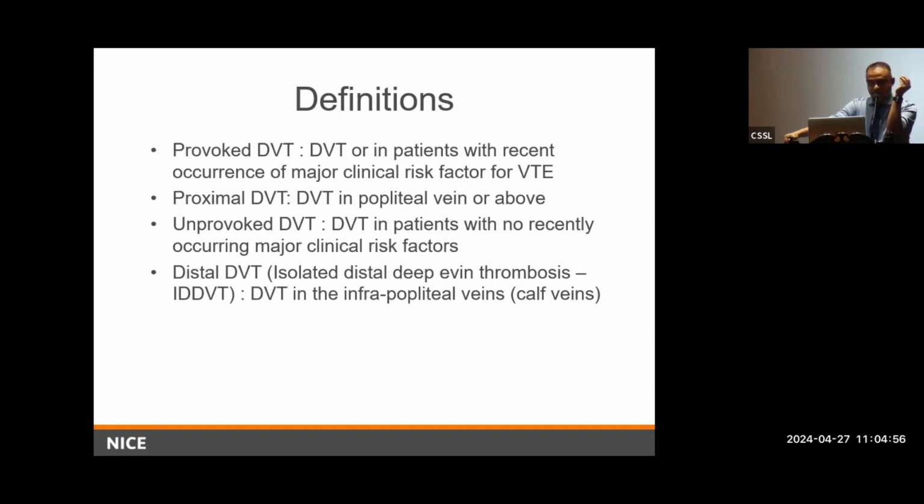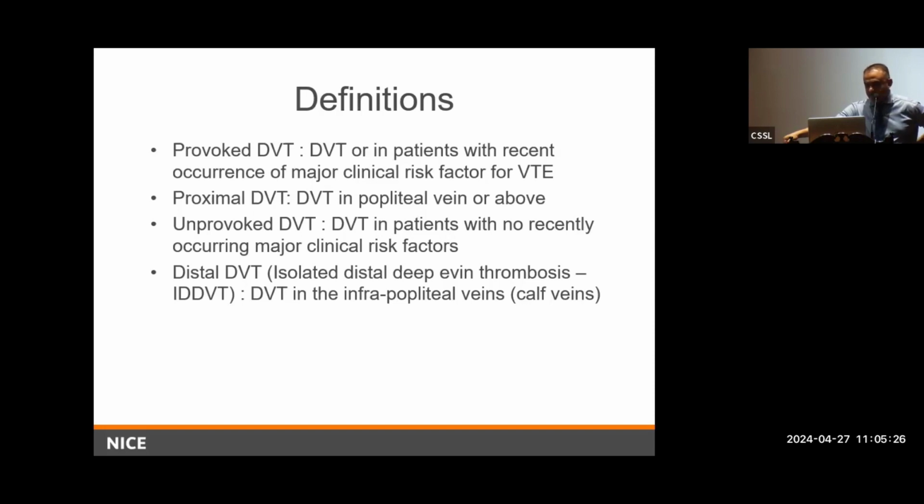So for example, a person after a fracture, after a long journey, say someone who had just landed in Colombo from an airline flight or something like that. So there is a definite cause identified. So that's the provoked DVT. And also, let's say females who are on oral contraceptive pills and that type of thing. So there's a definite underlying cause that can be attributed to the DVT.